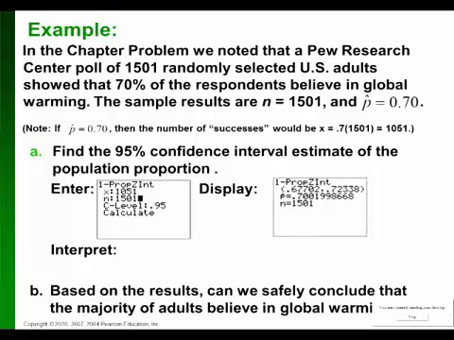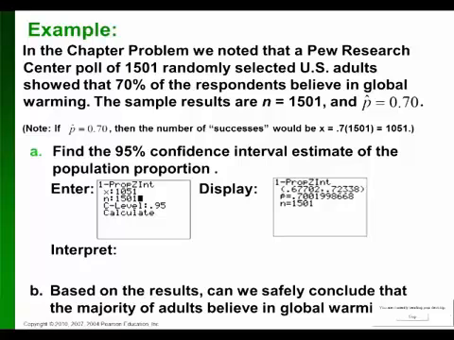For this X value, I have to type in the number of successes. I have to say 70% of the 1,501 said yes. So right here, I calculated 70% of the 1,501. That's 1,051. And I probably rounded that to the nearest whole person because that just makes sense.